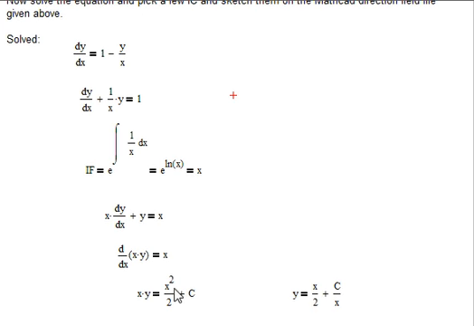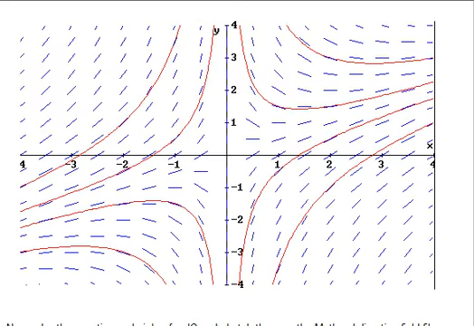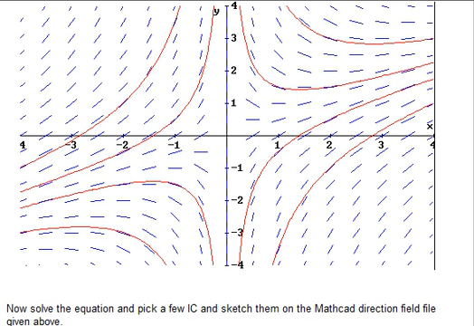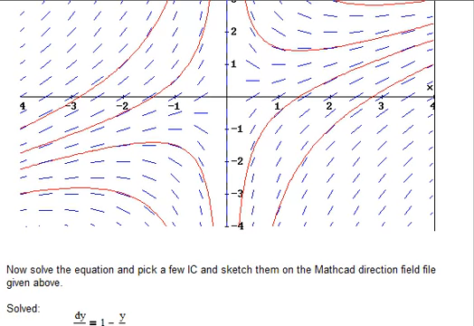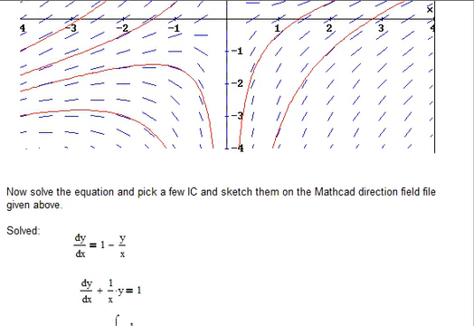Integrate both sides, we get xy equals x squared over 2 plus c, so y equals x over 2 plus c over x. And for any constant c, that would be a descriptor of any of these curves here. You notice there's something like a hyperbola, or maybe a typical graph of a rational function that has an oblique asymptote.